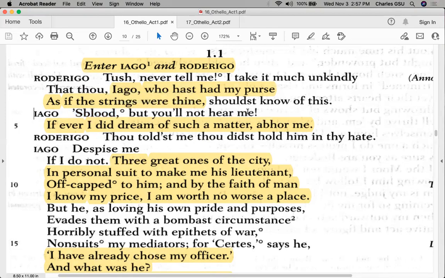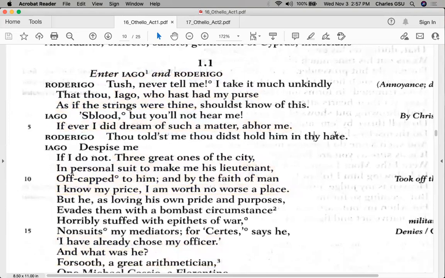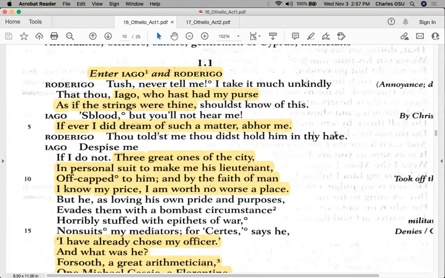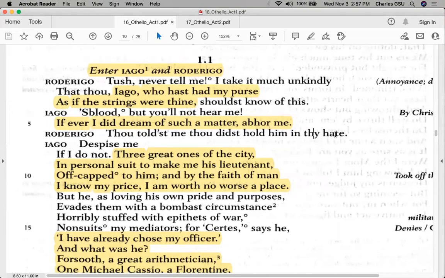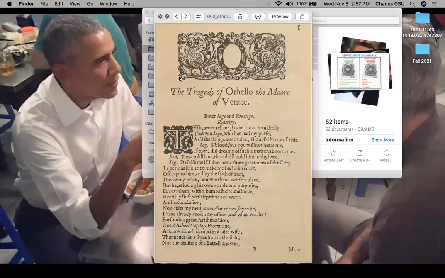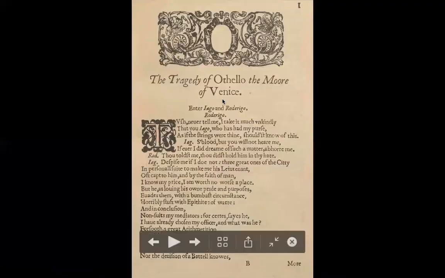"But you'll not hear me," like you won't believe me. "If ever I did dream of such a matter, abhor me," or hate me. And we will come to hate Iago, and lots of characters will come to hate Iago. So this is what begins in the play.